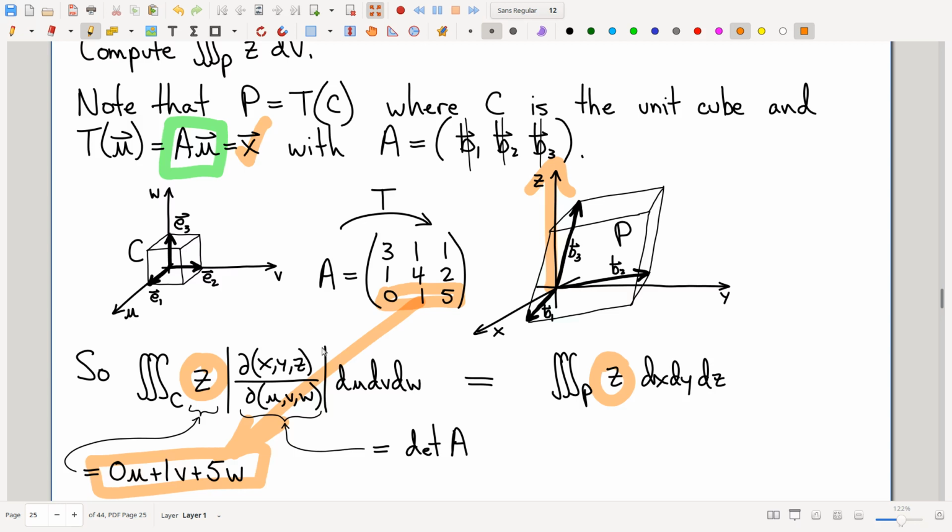No, it will always be a constant, because if you have a parallelepiped, the edges are constant vectors. They don't move around. And so it's always going to be a constant for a parallelepiped.